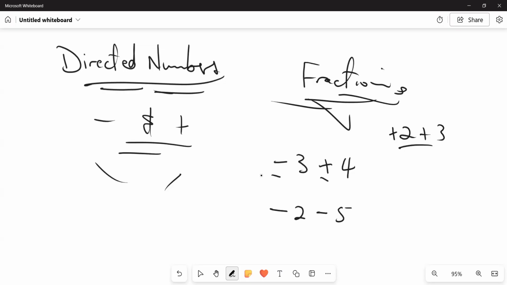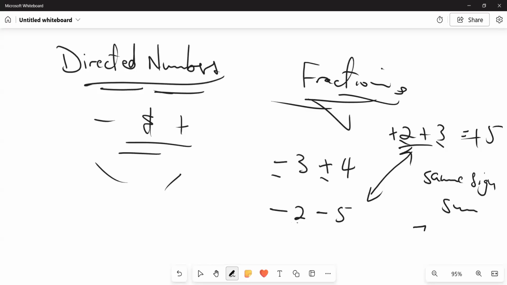I remember when I was teaching my young daughter many years ago, you say when the sign is the same sign, what do I say? Same sign, sum. So you sum the numbers. 2 and 3 is 5, and you keep the same sign, plus. Down here, you got -2, -5. Same sign, you sum it.